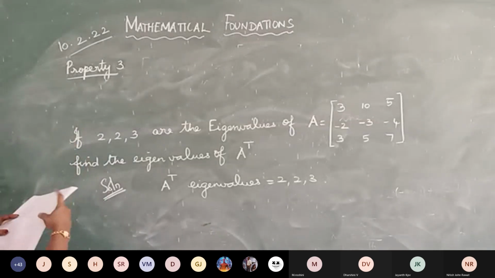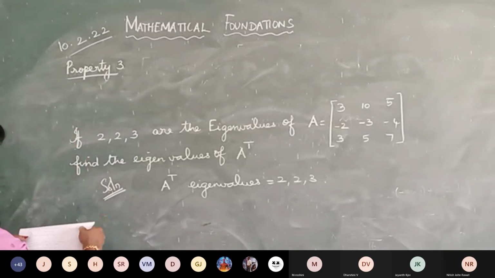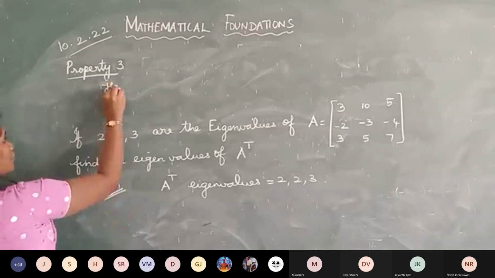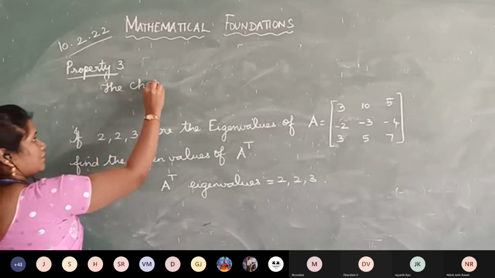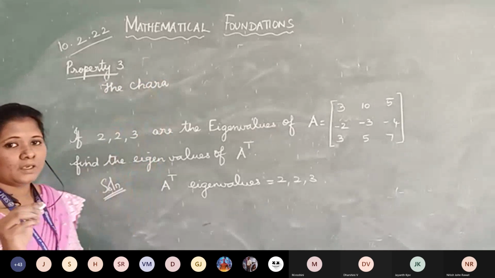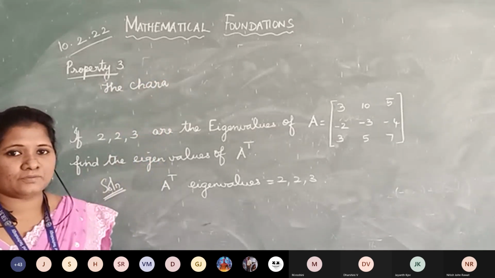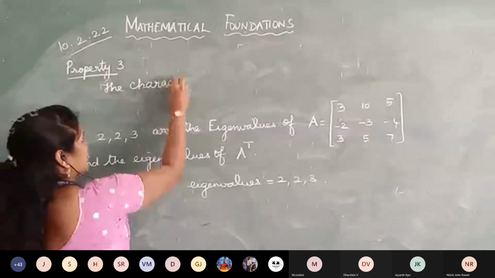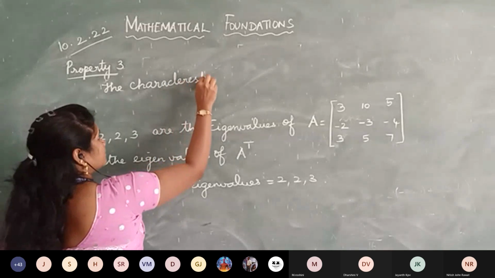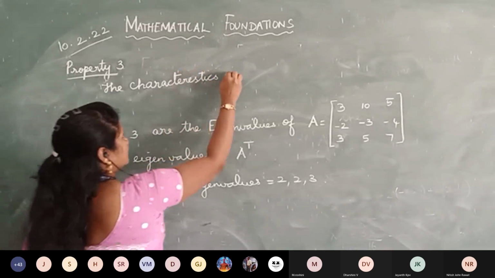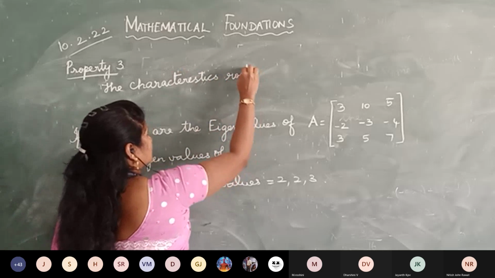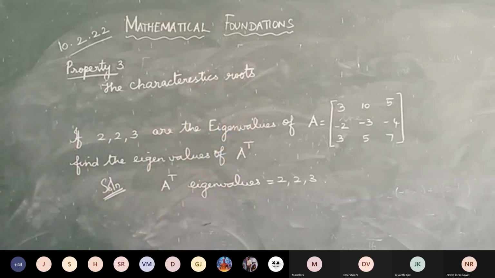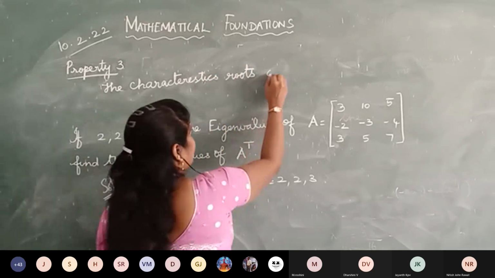Next, we will go on to property 3. Property 3 is about characteristic roots. What do characteristic roots mean? Characteristic roots are also eigenvalues. Okay?